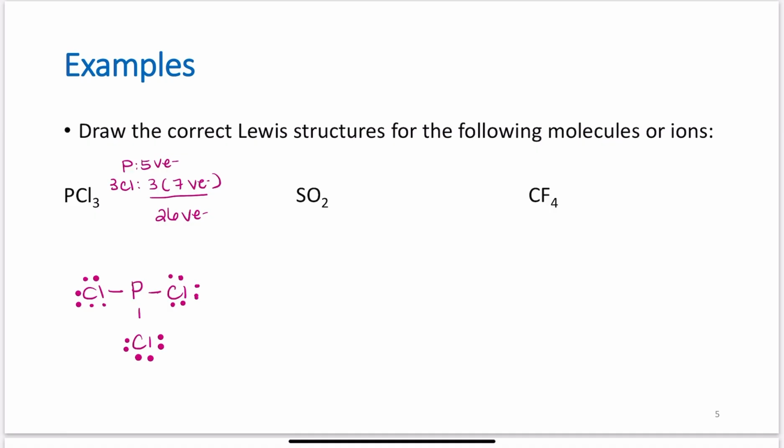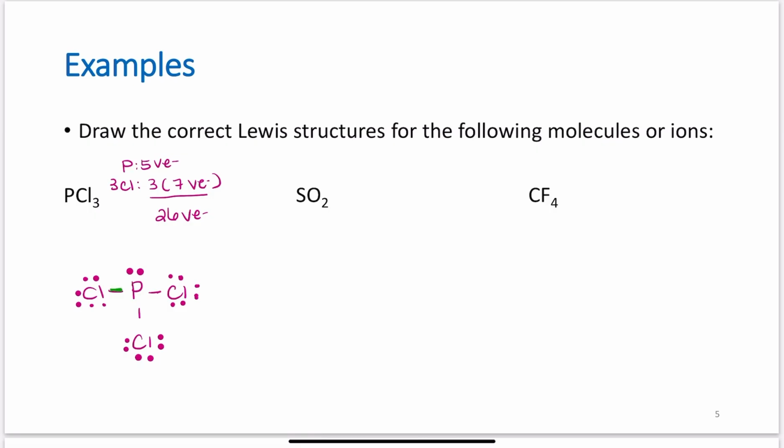So now each chlorine has its octet, and if I add up all the electrons right now, I would have used up 24 electrons. 2, 4, and 6 from the lines themselves, and then the additional dots add up to 24. Add the extra electrons, any leftover electrons, to that central atom. We check and see, does that central atom have its octet? And it does. It has 6 electrons in the lines themselves.